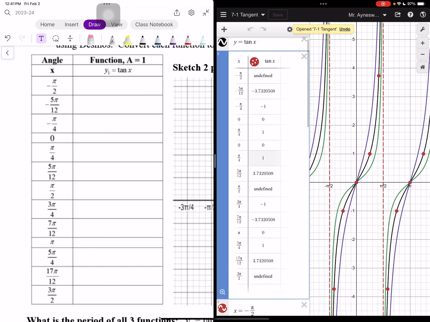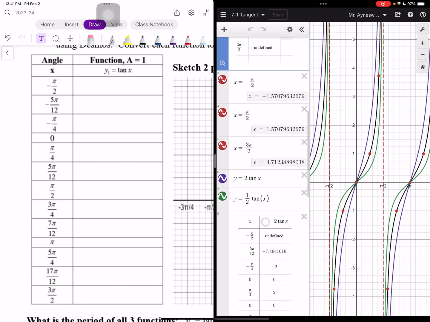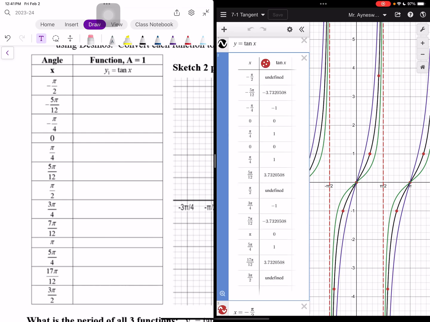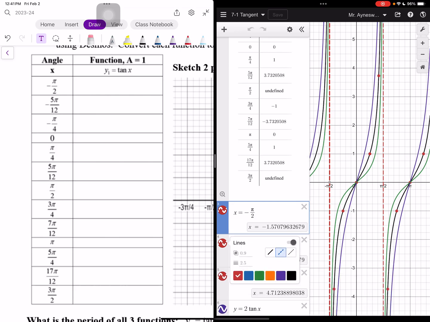Okay, so once you have all your angles in, you get to take a look at it here. Now, one of the things that you want to figure out is where this function is undefined. Let me just change a few things here.